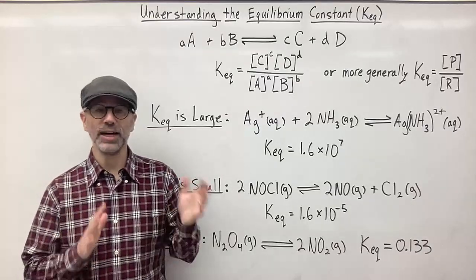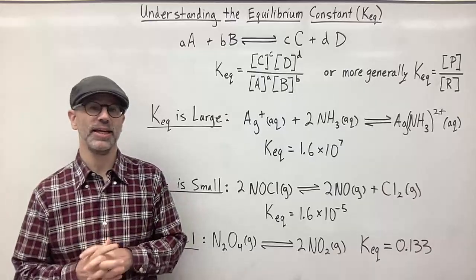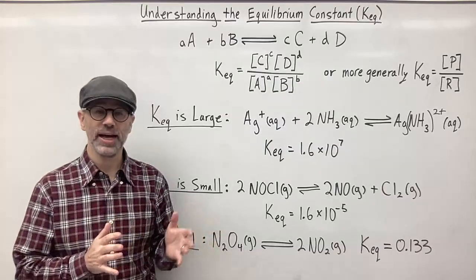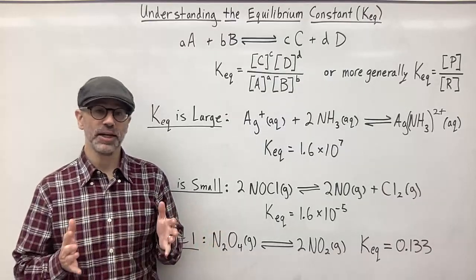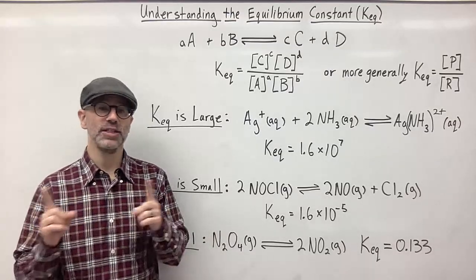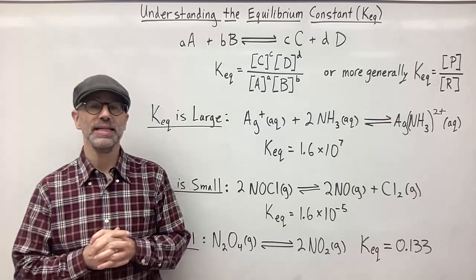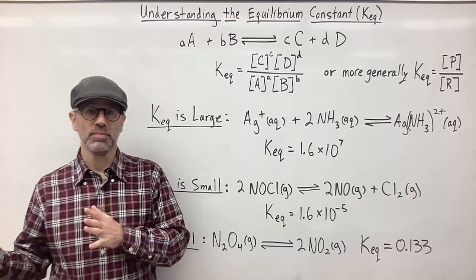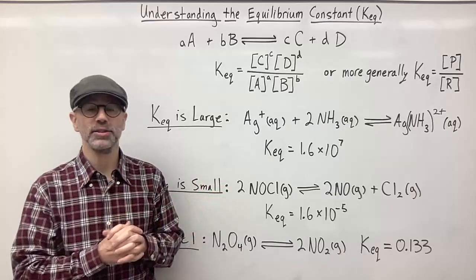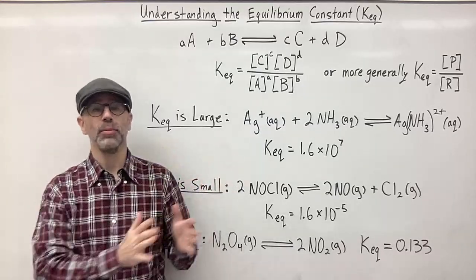For reactions that are in equilibrium, for some reactions it seems like they go all the way 100%, but in reality, there's just a little bit of reactants left, and there's a dynamic equilibrium there. What I mean by dynamic equilibrium is that as you are forming product, the products can also then form reactants.